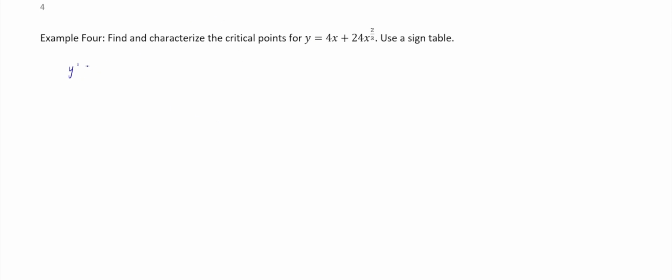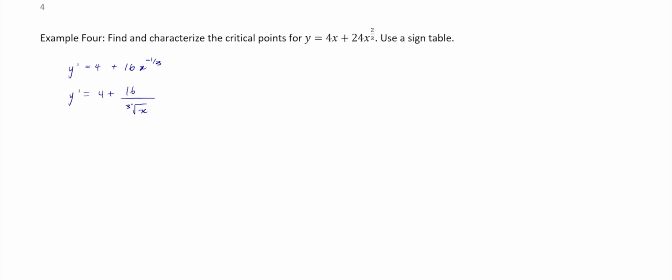The first derivative of this is 4 plus 16x to the power of -1/3. There's not much to show here. The only thing I can say is that's the same as 16 over the cube root of x in the denominator.